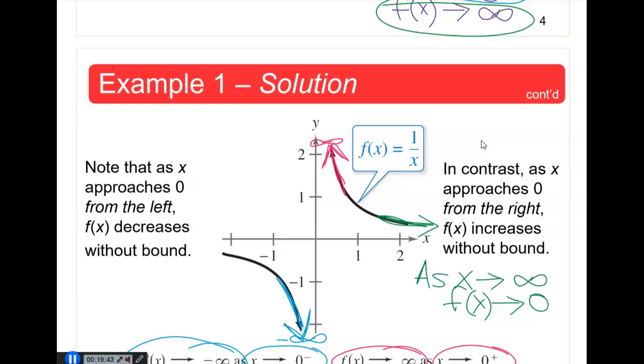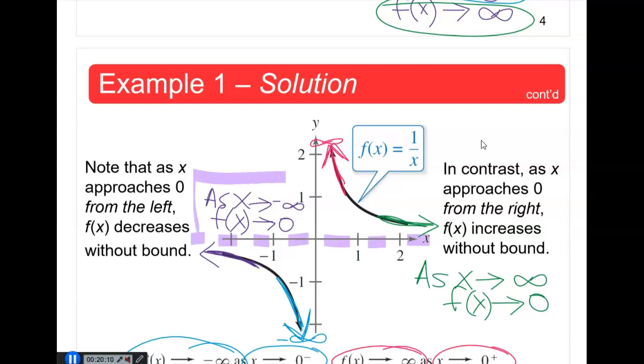And then for the other one here, as x gets smaller, with arrow notation, we will say x approaches negative infinity, the function value approaches 0. And that's why we have that horizontal asymptote from those two statements.